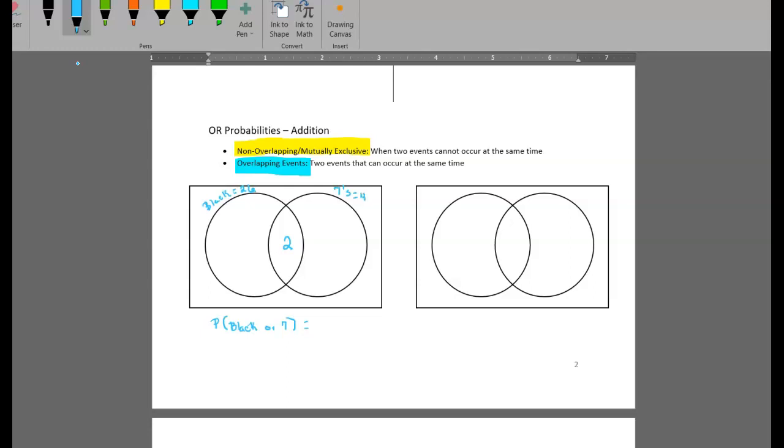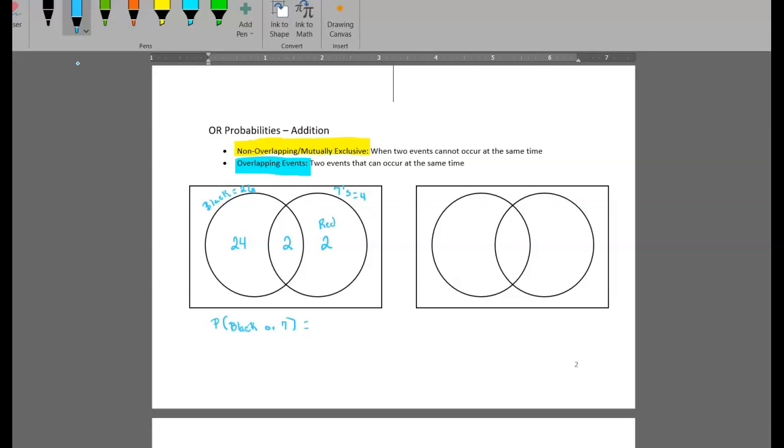We have 4 7s because of the 4 different suits. So if we've already used 2 black cards, that means there's 24 cards left in the black, just black. And if we've already used 2 7s, that means there's 2 cards that are not black. So these again, I'll just say that these are our red ones.